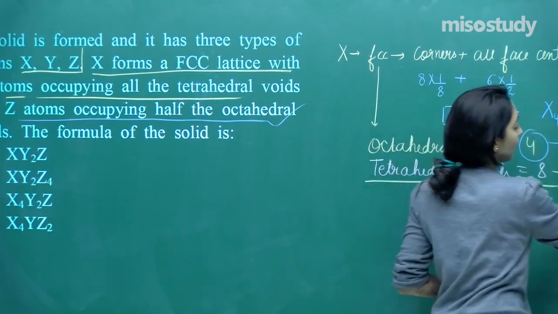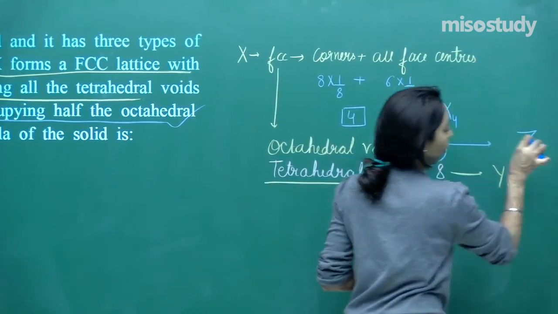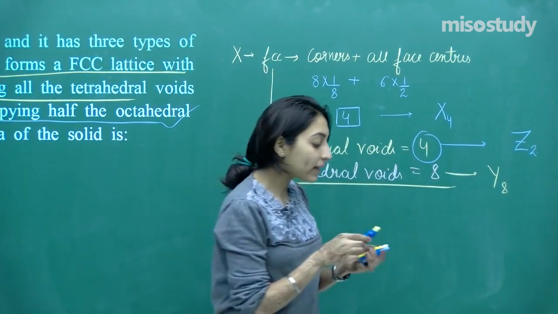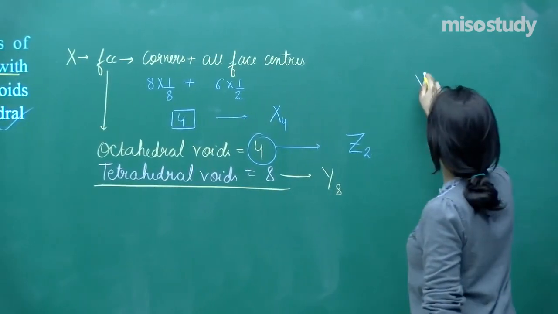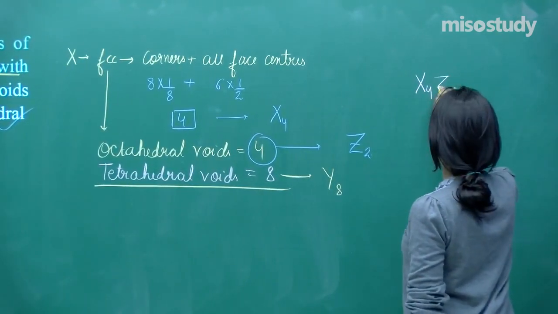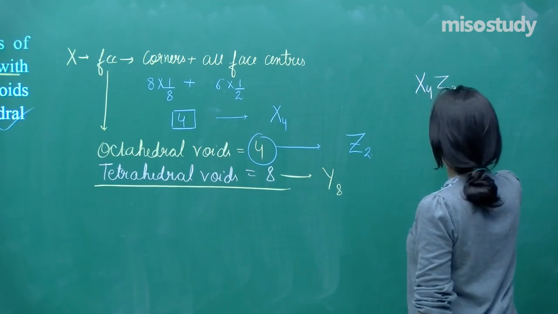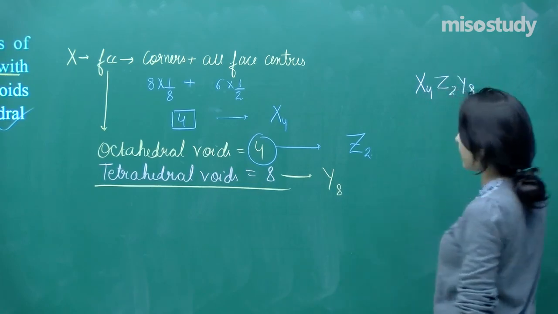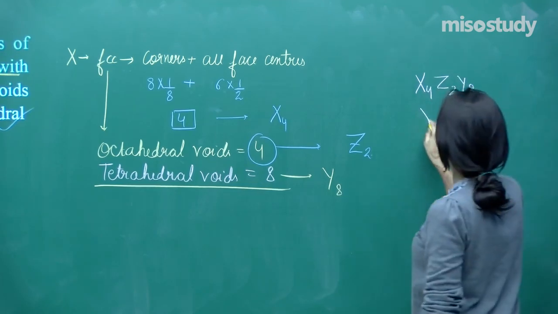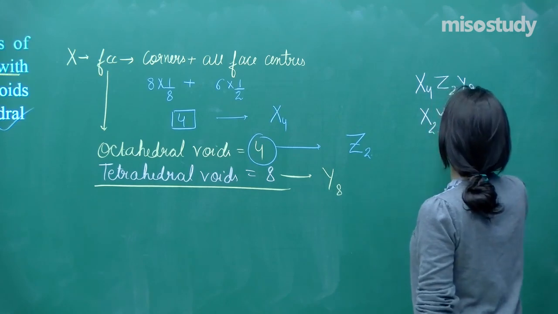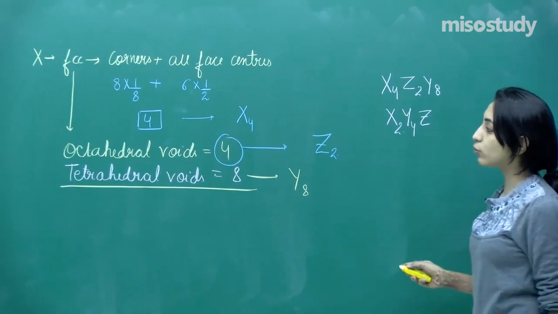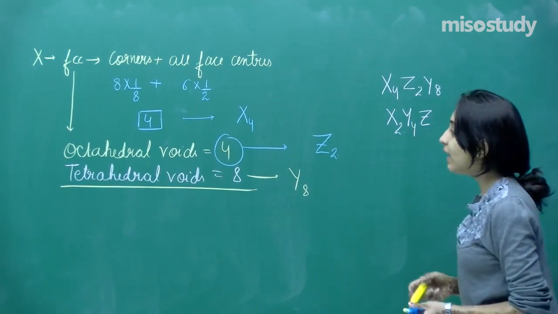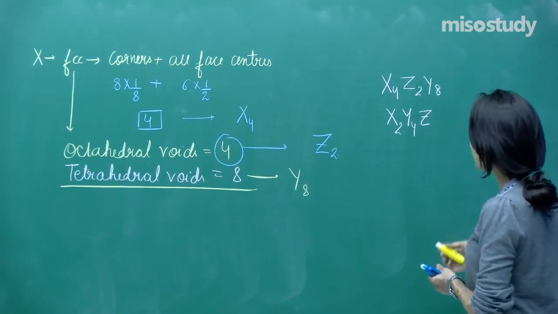So half of them, that means 2 of them will be occupied by Z, making the new complete formula of the compound as X4 Z2 Y8, right? I can also consider it to be X2 Y4 Z. So we have X2 Y4 Z, and let us see if there is something else as well.